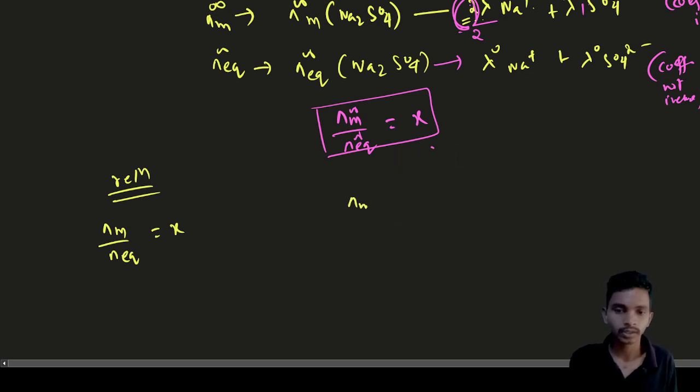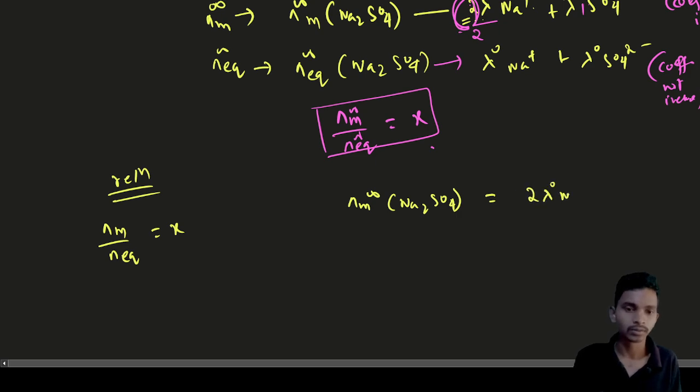This is molar conductance at infinite dilution, and for Na2SO4 it is 2.